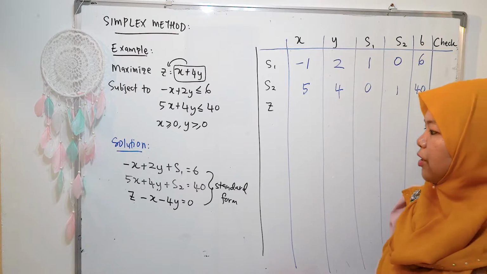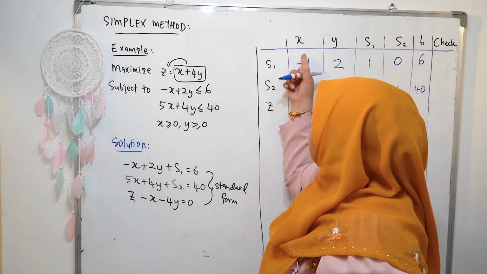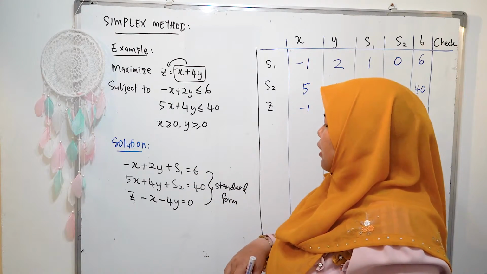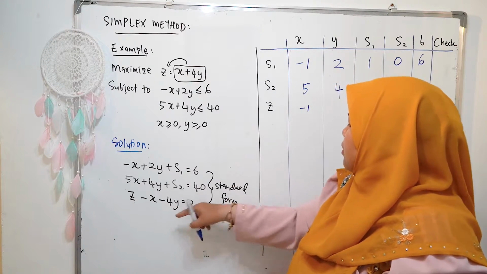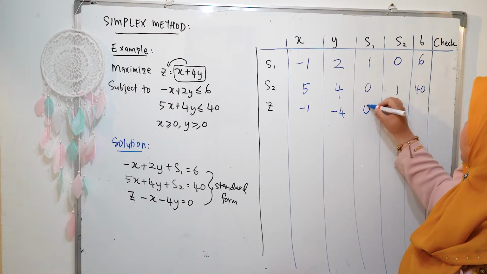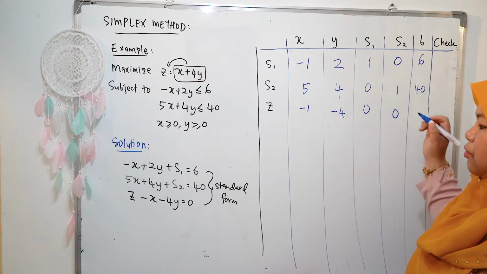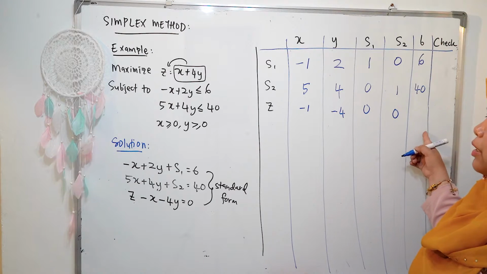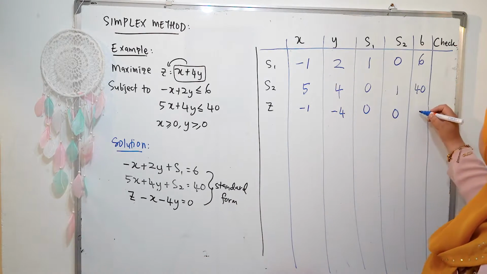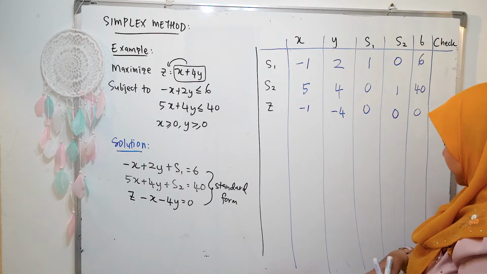How about the objective function? x is negative 1, y is negative 4, s1 is 0, s2 is 0, and b is also 0.